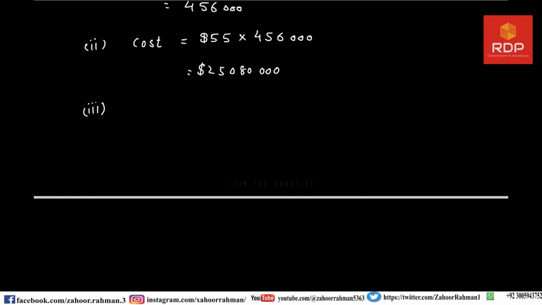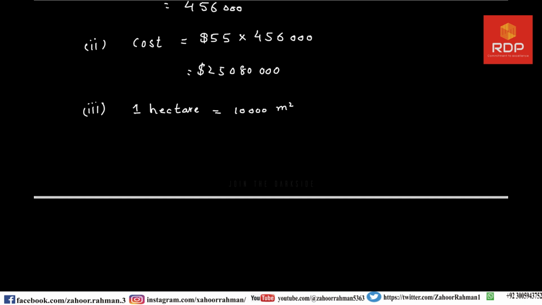Remember that 1 hectare is equal to 10,000 meter square, that is given to us in the question. So I am writing that 1 hectare is equal to 10,000 meter square.